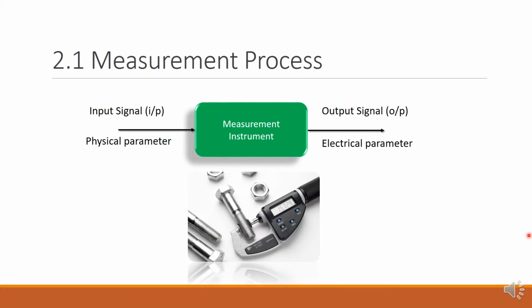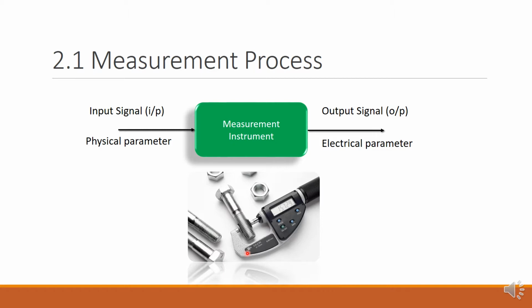So what does the measurement process look like? The measurement process is a process that converts a physical parameter, for example temperature or voltage, into meaningful numbers by using appropriate instruments.